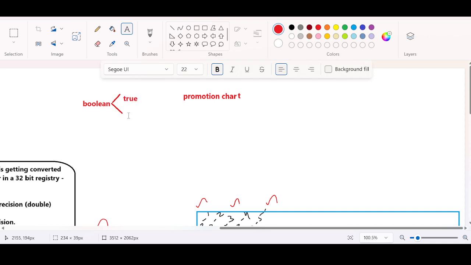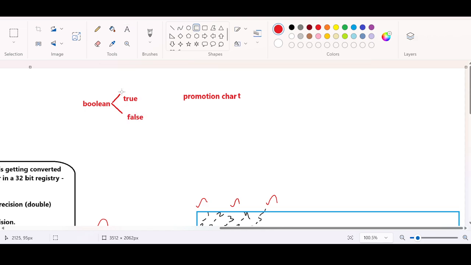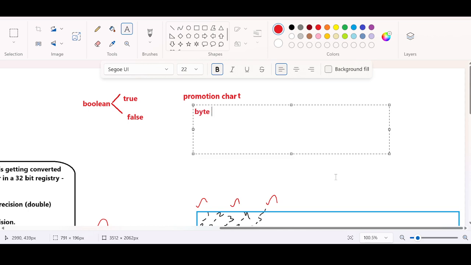It says I will not be participating in this promotion chart because I am storing only two values. One is true, second one is false. Because it has no concept of minimum value and maximum value. But the promotion chart says, okay, the next biggest value is short, and again the next biggest value is integer.